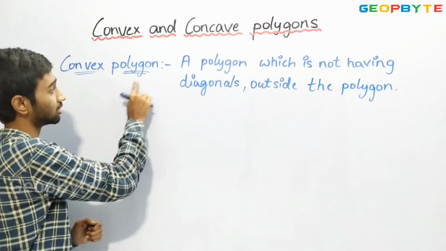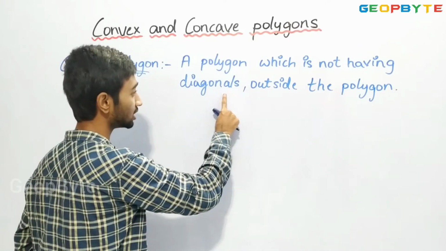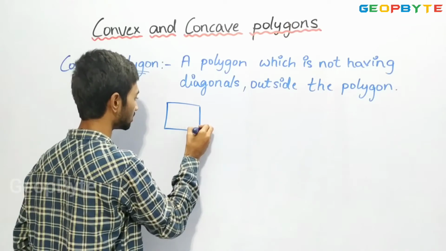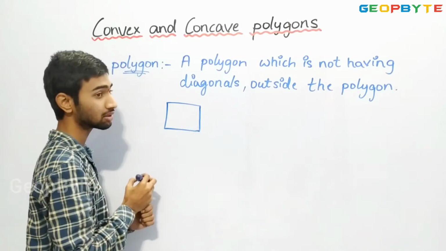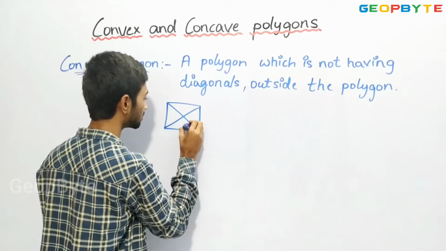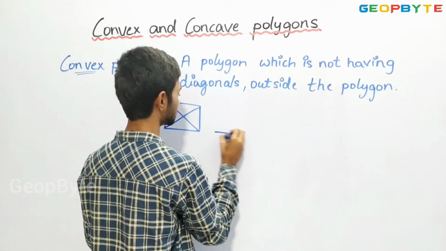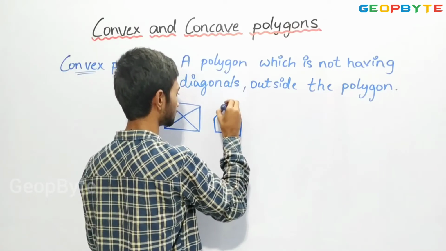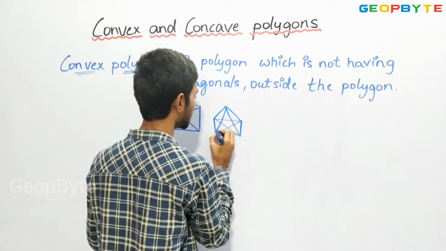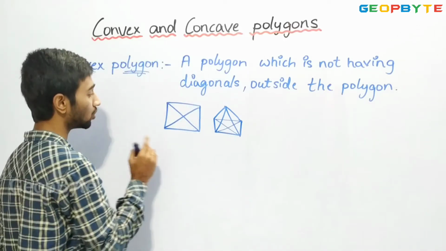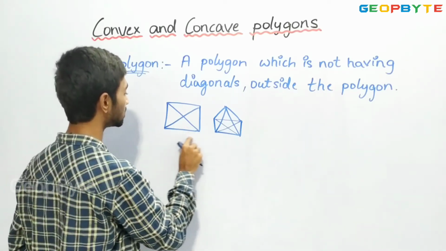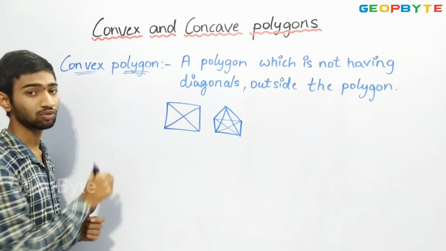So a convex polygon is a polygon which does not have diagonals outside the polygon. For example, this is a polygon. We have the diagonals only inside the polygon but not outside the polygon. So these are the figures which have only diagonals inside the polygon but not outside. These types of polygons are known as convex polygons.